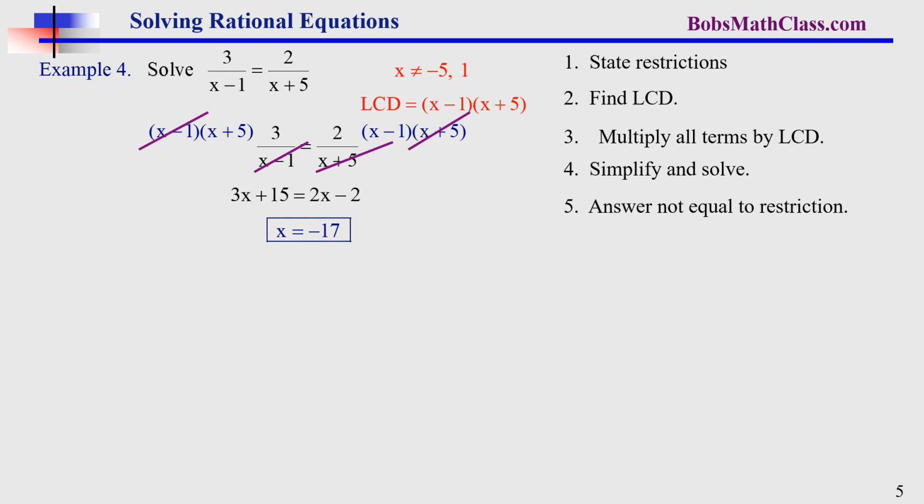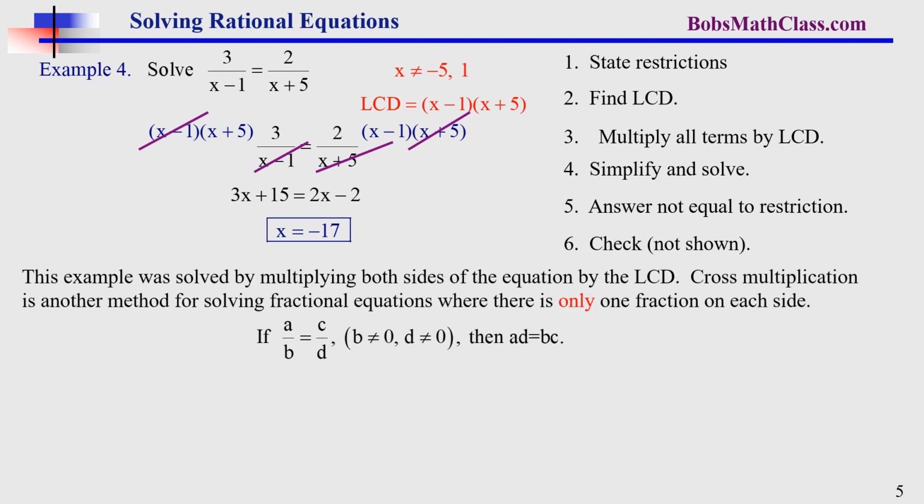If we had two answers, and let's say we got negative 5 and 12, the negative 5 we would have to cross out, but the 12 would still be a solution. Okay, I'm not going to show a check, but you could if you want. If this was a test, I definitely would probably show the check.